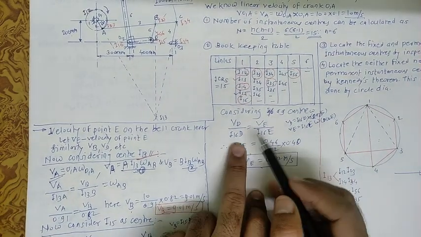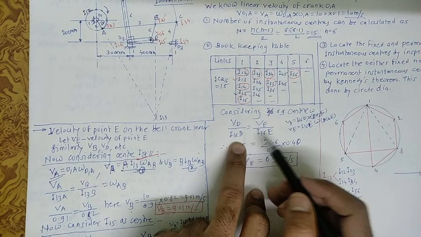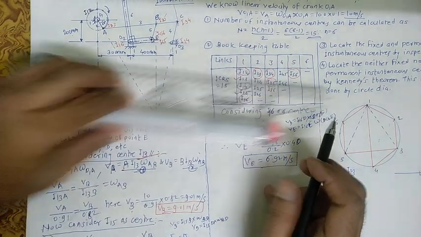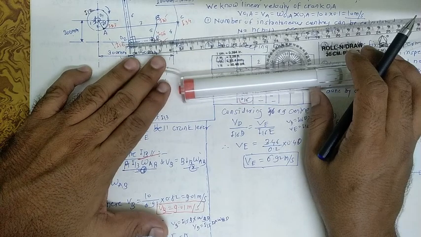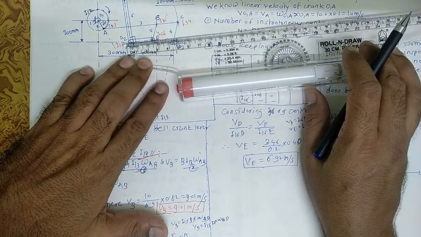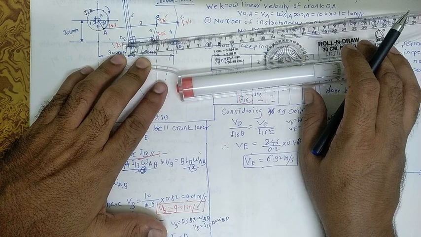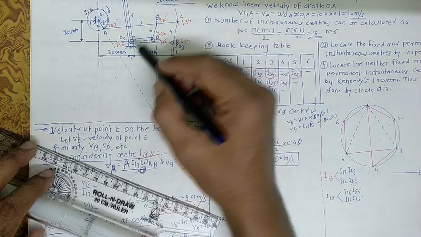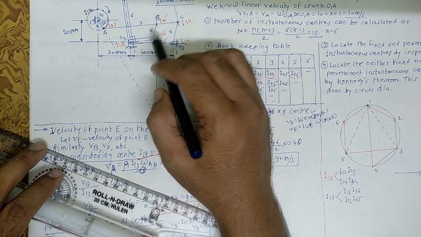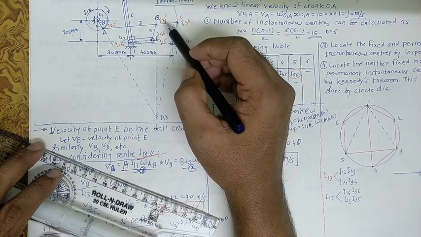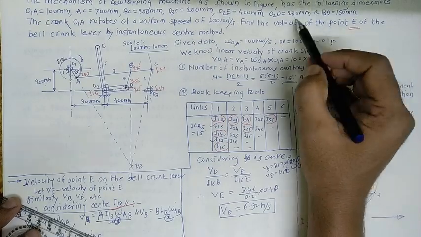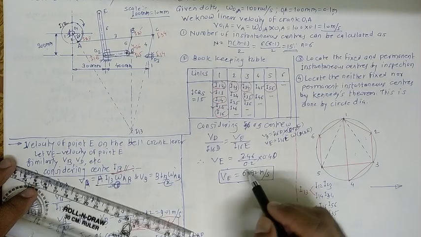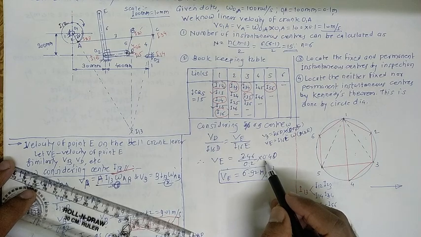What about I16D? This distance is directly given in the problem. It is nothing but O2D, which is 200 mm, indicating point 2. Multiply by, what about the next one?